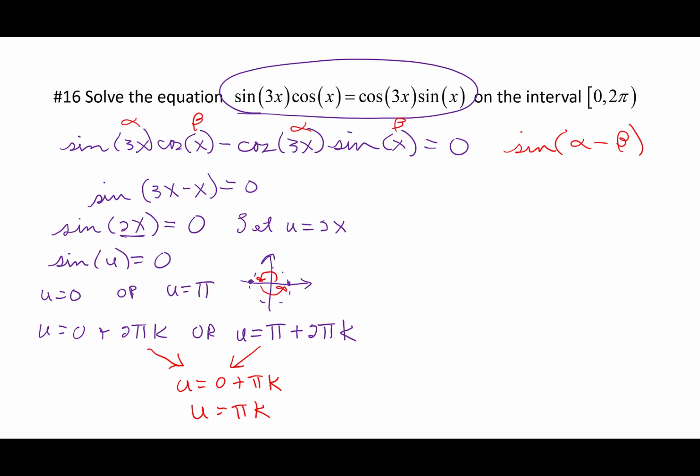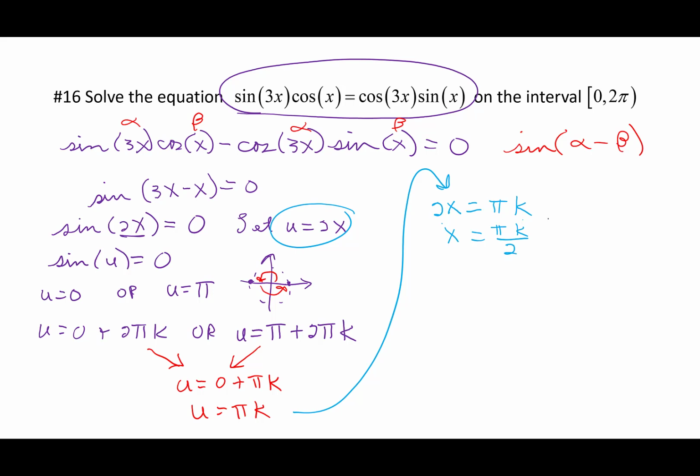Okay, if we combine these to write u equals pi k, we still have to solve for x though. To solve for x, what we're really saying here is 2x equals pi k, and if I multiply both sides by 1/2, that gives me x equals pi k over 2.